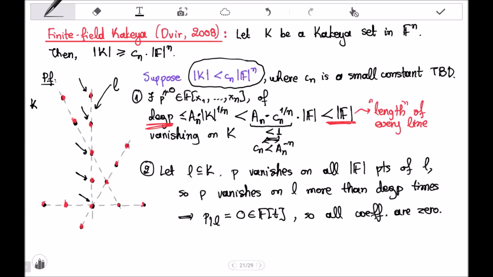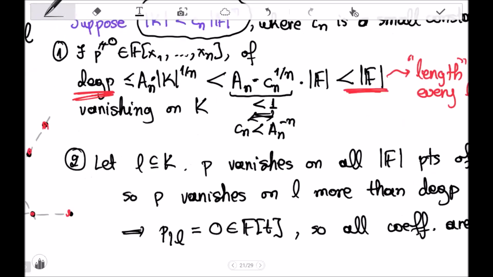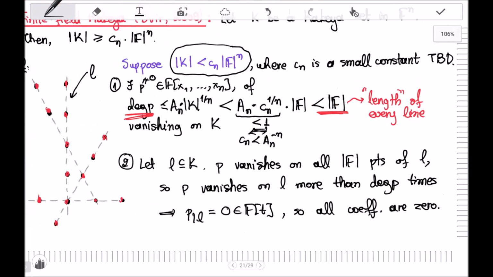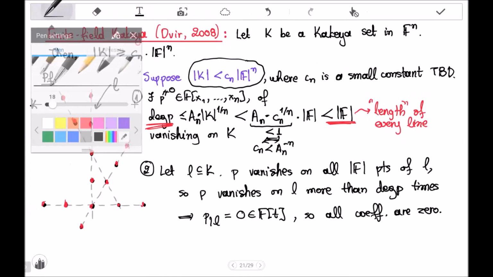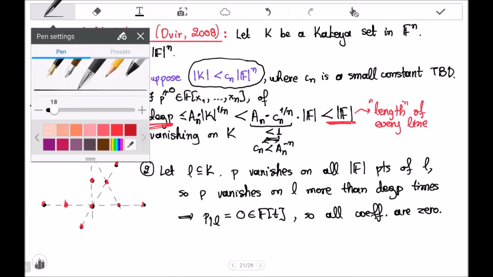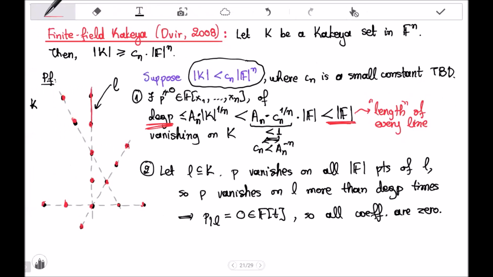And this is slightly stronger than saying that it vanishes, as we said, at the points of the line. So here is a slightly stronger vanishing property that we have. I will draw the line red, and we'll think that this means that P restricted on this line is the 0 polynomial.